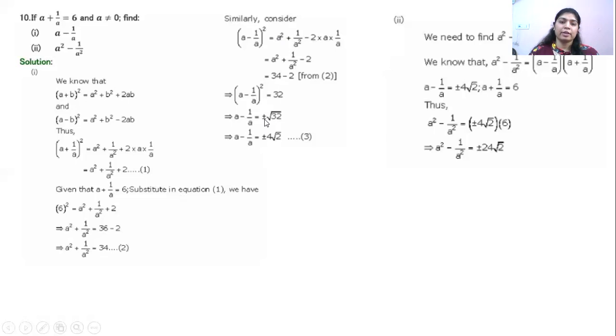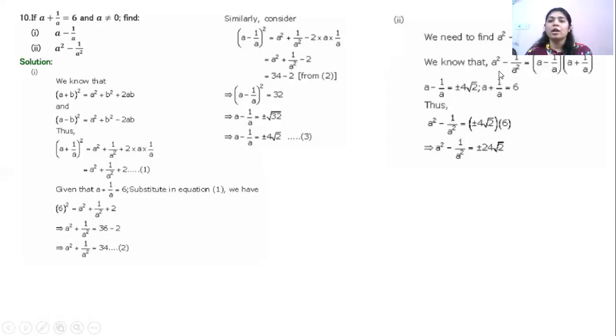(a − 1/a)² equals 32, and a − 1/a gives you ± √32. 32 can be written as 16 into 2, and 16 is a perfect square of 4. So we can write a − 1/a equals ± 4√2. The value of a + 1/a is given, and the value of a − 1/a we just found in the first part. Now we have to evaluate a² − 1/a².